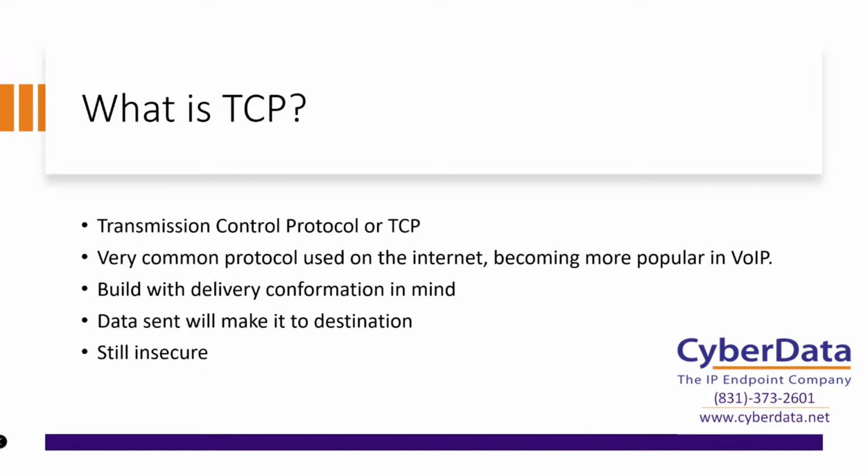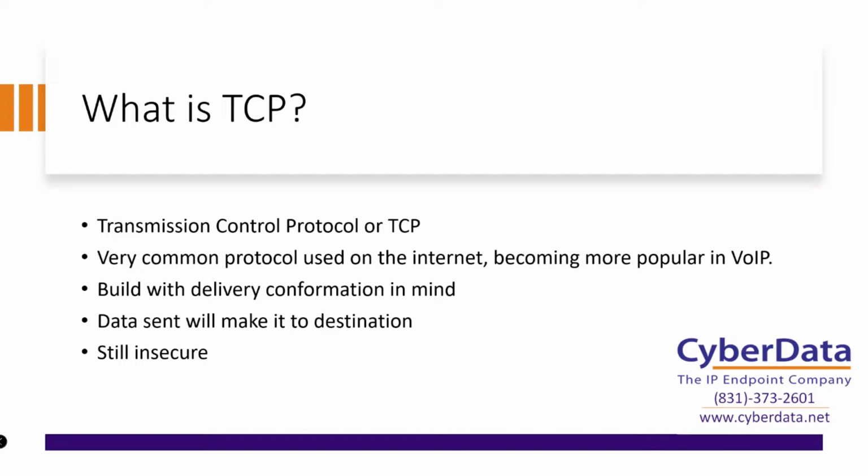Instead of being built without delivery confirmation in mind, TCP is built from the ground up knowing that if you send message 1, whoever receives message 1 will let you know, I have received message 1, I am ready for message 2. So when you use TCP, you have a guarantee that any data you send will make it to the destination.